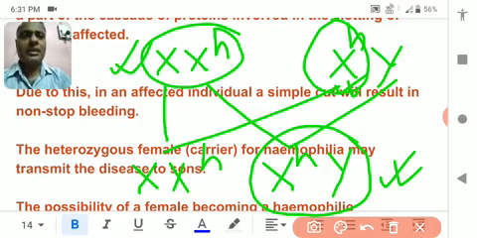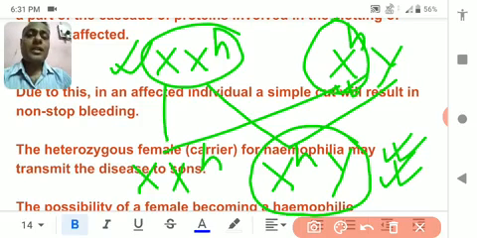She is a carrier mother. She gave birth to the hemophilic son. So the transfer of the character moves from mother to son and from father to daughter.